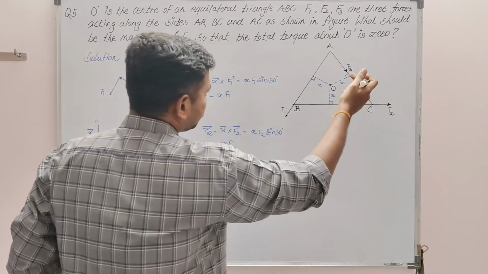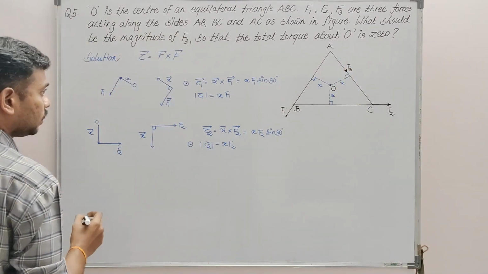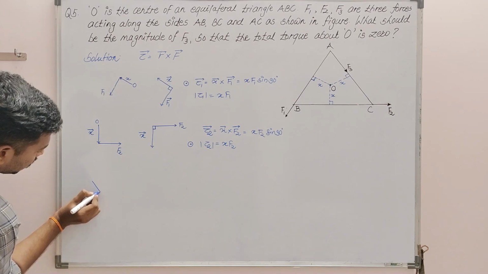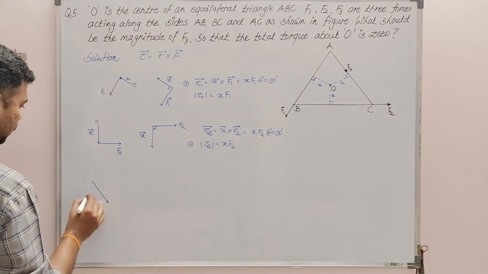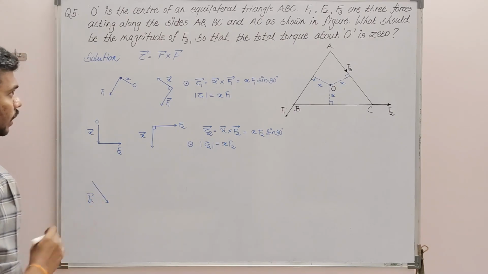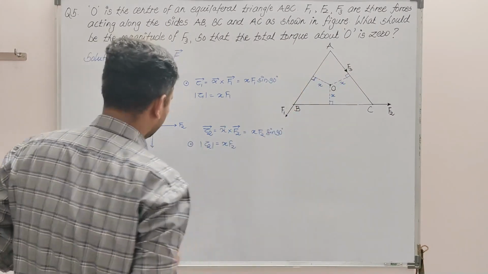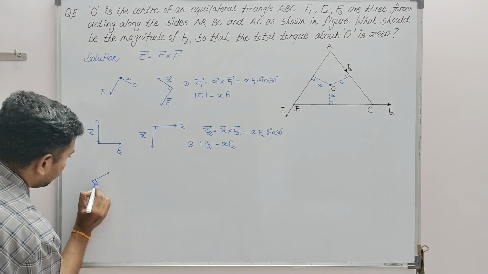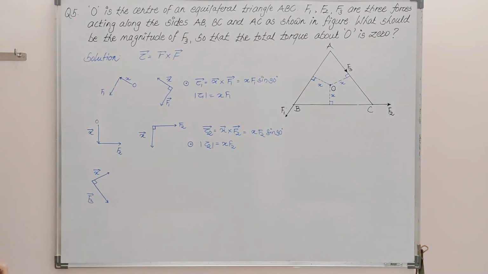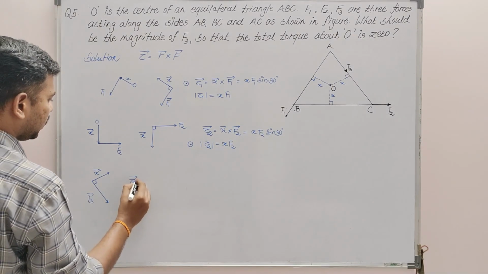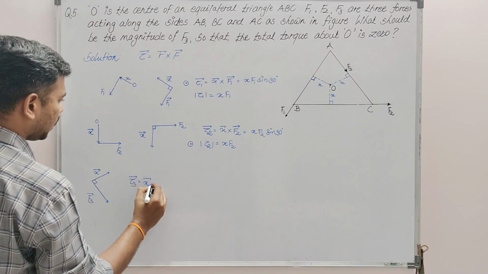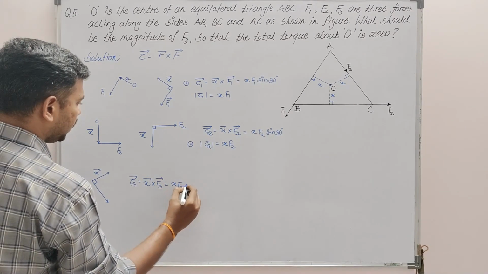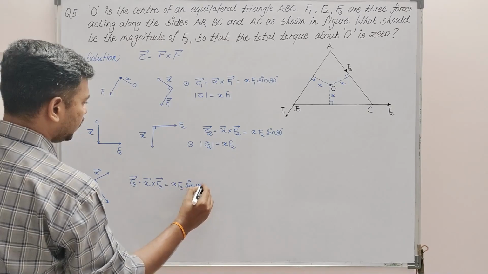Now for the case of F3, what will be the direction of torque? Again we will draw the F3 diagram. Make sure your F3 vector does not change its direction. So this is my F3 vector and the X vector is something like this. Here we got the diagram correctly initially, so we can directly take torque 3 as X bar cross F3 bar, that is XF3 sine 90 degrees.